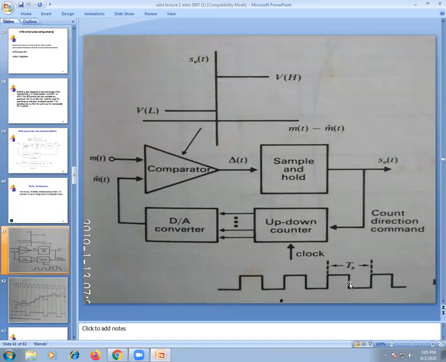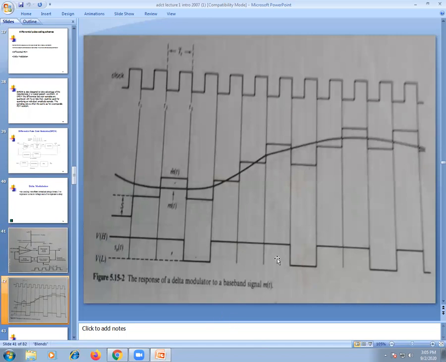The clock is there, and here are the waveforms. This is the M of t signal, and this is the M cap of t signal, the step size signal. The step is high or low, this is VH and VL.